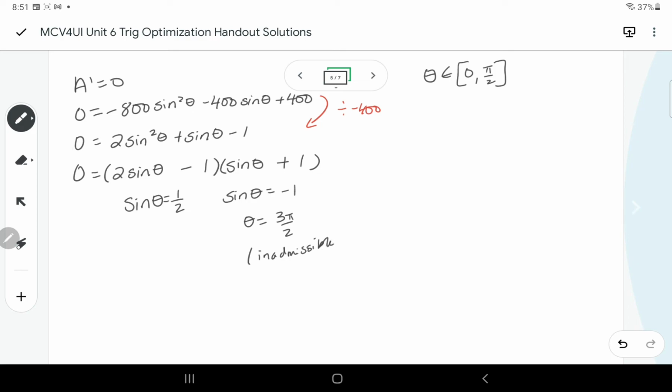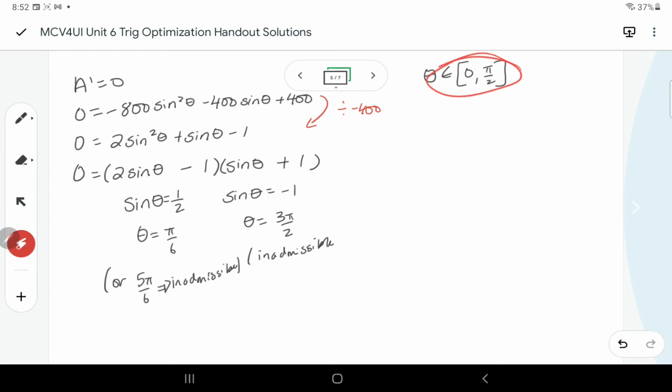And if I think about where sine theta equals 1/2, that would be pi over 6, or like a 30-degree angle. And the other case would be 5 pi over 6, but that's inadmissible. It's outside of the given interval between 0 and pi over 2.